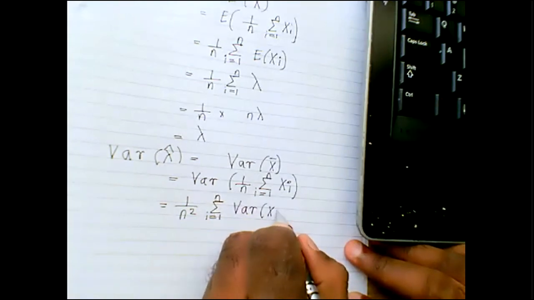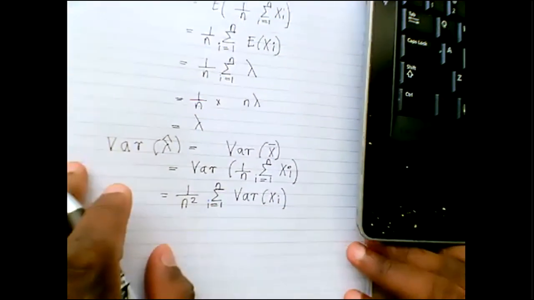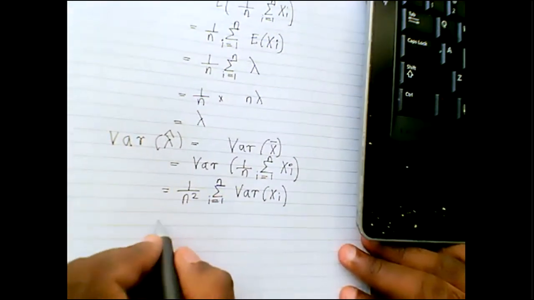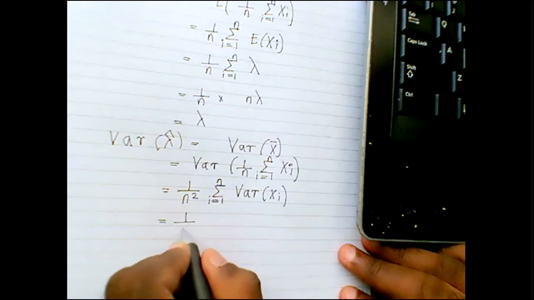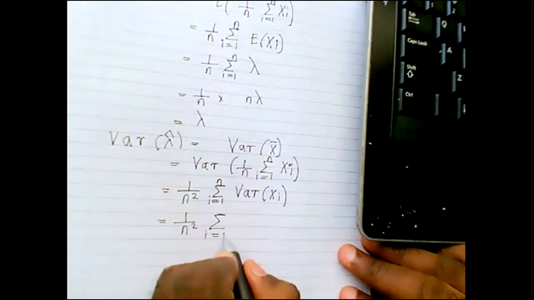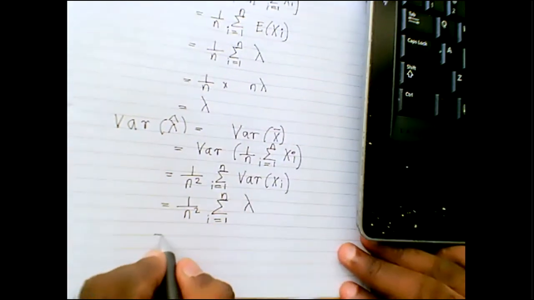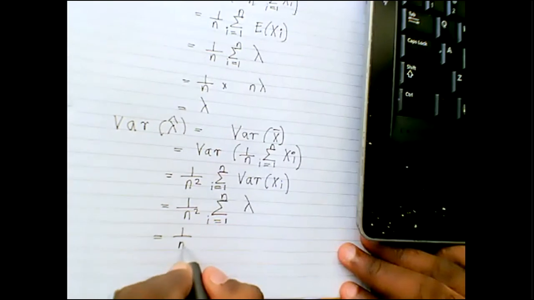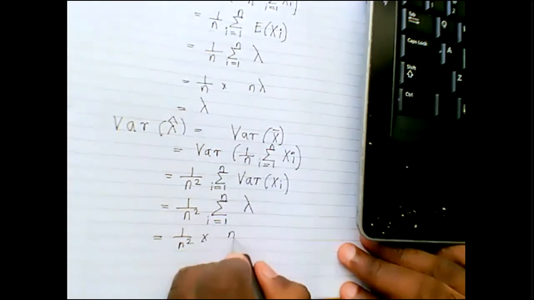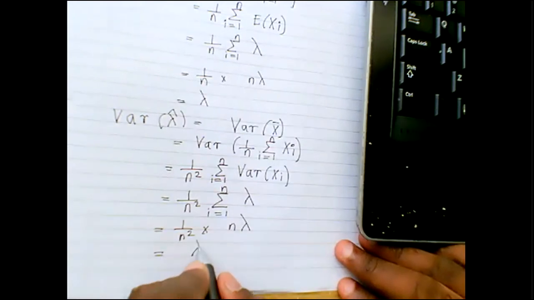Now, I'm sure you know from probability 1 that the variance of a Poisson is also lambda. So this is 1 over n squared times the sum of lambda, so it's 1 over n squared times n lambda, and this is lambda by n.